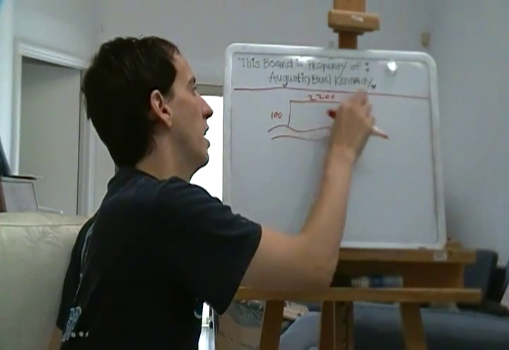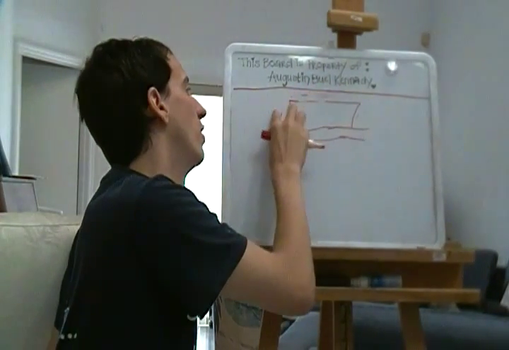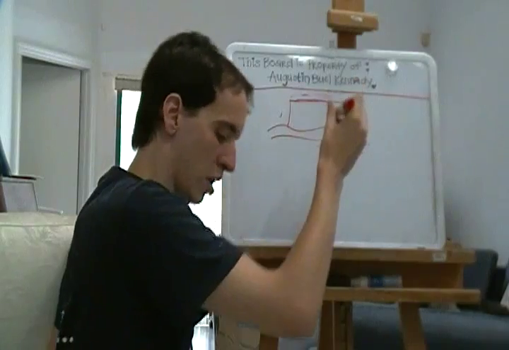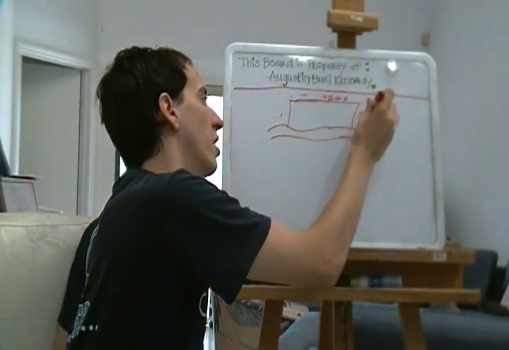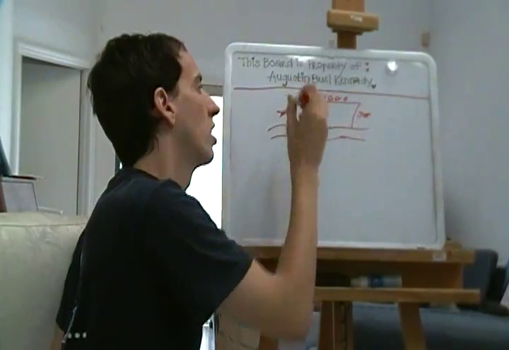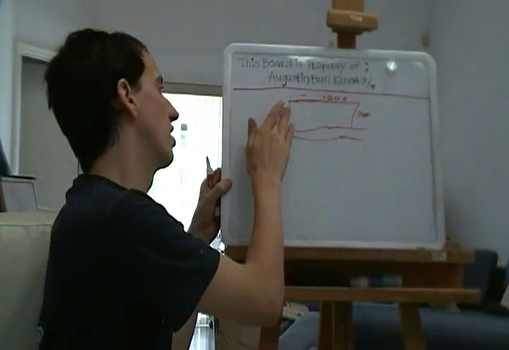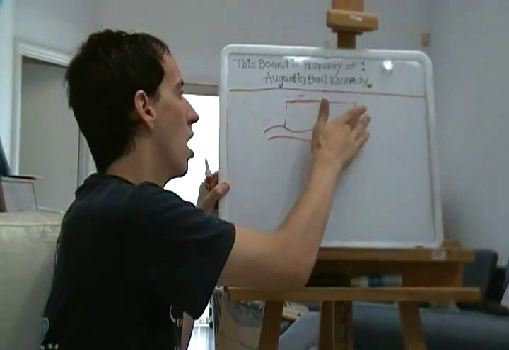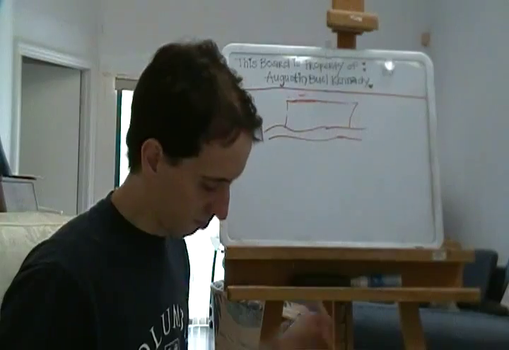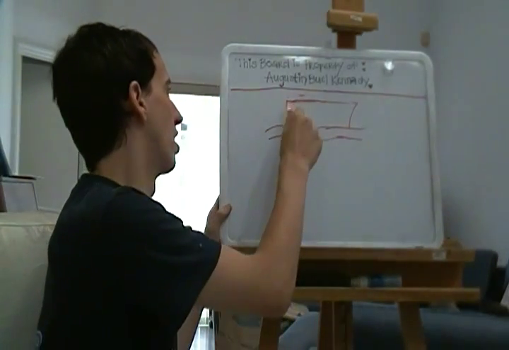It could be 1,000, 700, 700, and you could keep plugging these in until you get the right answer, but there's a more efficient way of doing it.